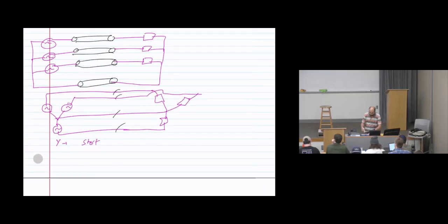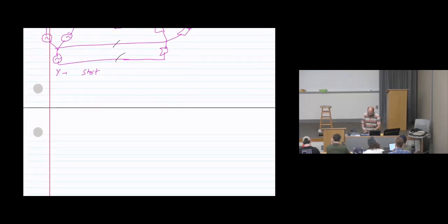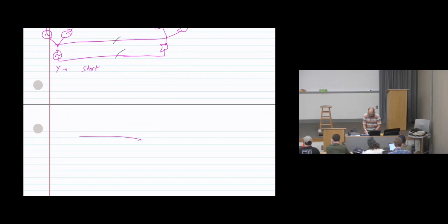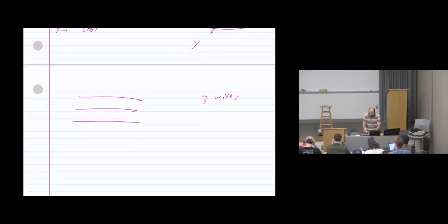Now, if we have 3 wires, not 4, how will the connection be? When we have only 3 wires. For 4 wires, it must always be Y. With 3 wires, we can actually have 2 connections. The first connection: here is a source, here is a source, here is a source, and here is a load, here is a load, here is a load.